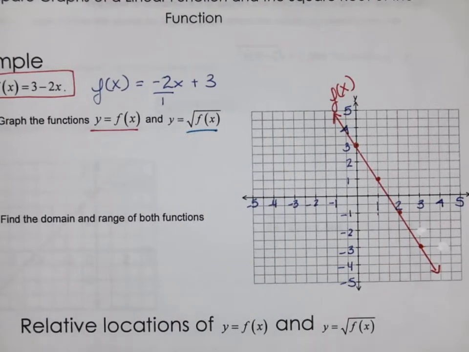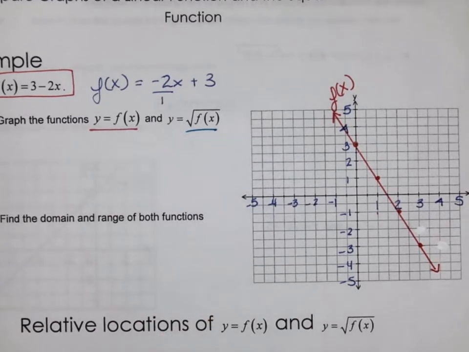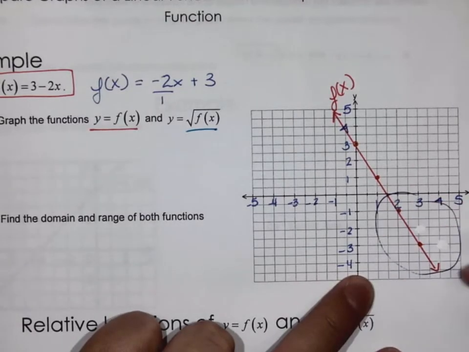And we did this in our other table, right? Like we were good with that. Right? Yeah. Okay. So what do we know about these y values down here? They're negative. Can I square root them? No. So this part of the graph doesn't exist.